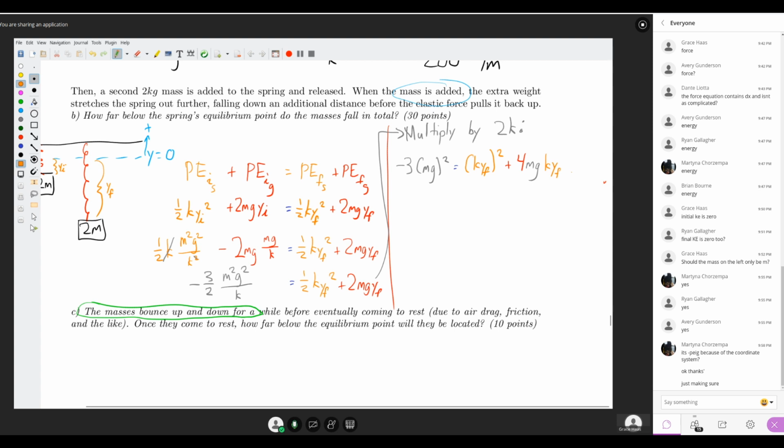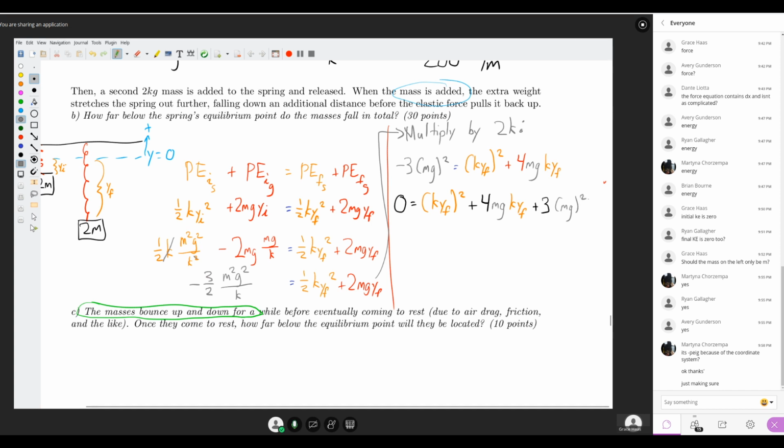So now what I'm going to do is put all of the terms on one side. This gives me 0 equals k y final squared plus 4 mg k y final plus 3 mg squared.